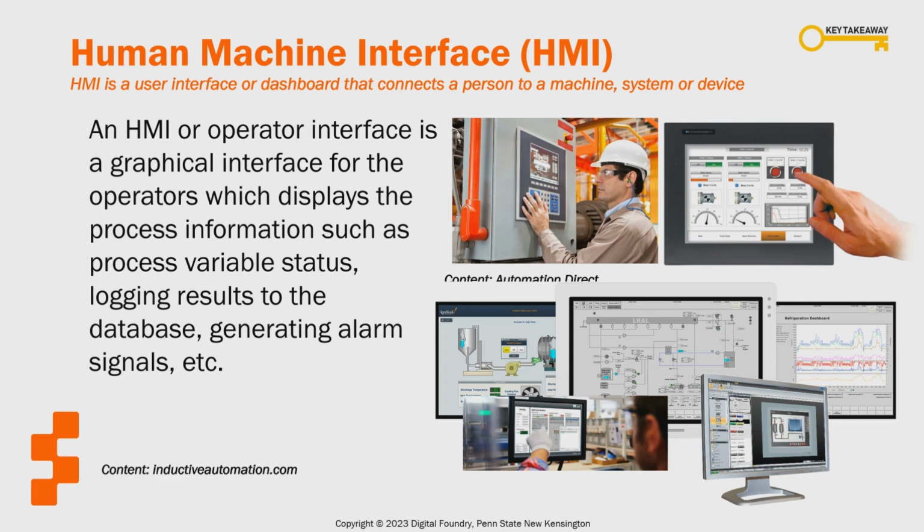HMIs come in a variety of forms, from built-in screens on machines to computer monitors to tablets, but regardless of their format or which term is used to refer to them, their purpose is to provide insight into mechanical performance and progress. The HMI shows vital information about machine conditions using graphical and textual views.